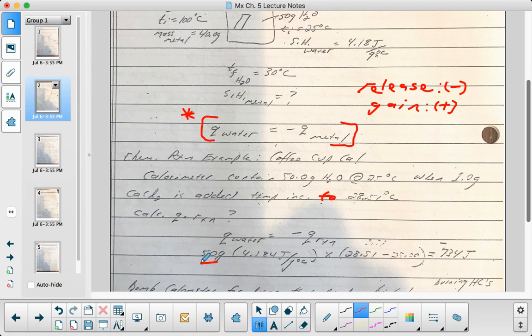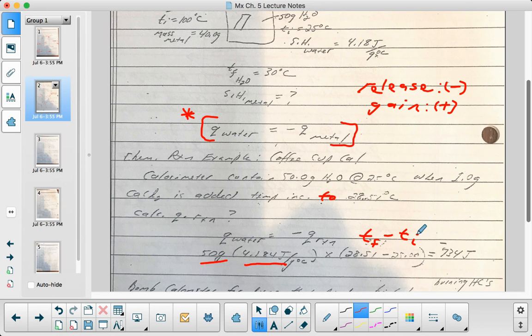So if I have 50 grams of water and I use the specific heat of water, which is a given quantity, and I find the delta T of the water. Remember, this expression of delta T is always going to be T final minus T initial, and you have to use delta T that way in order for your signs to calculate out correctly algebraically.